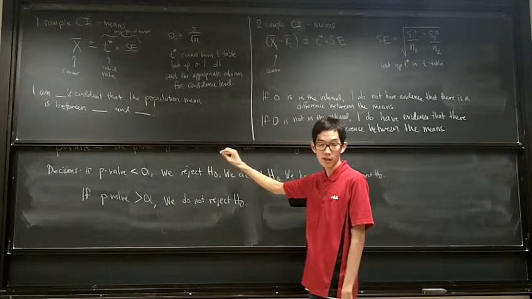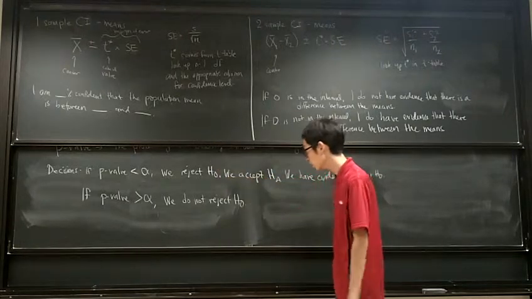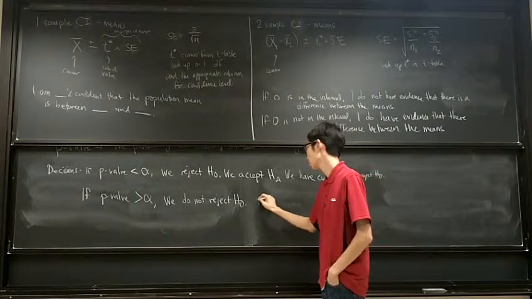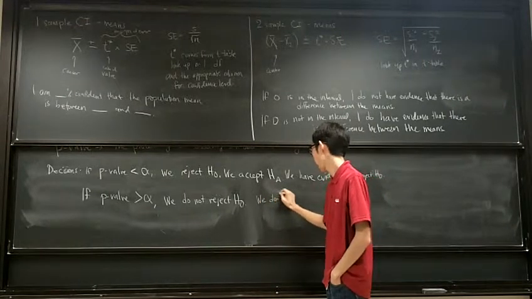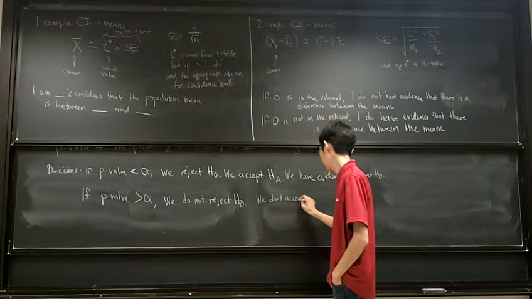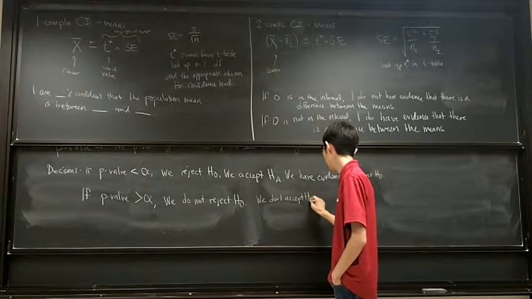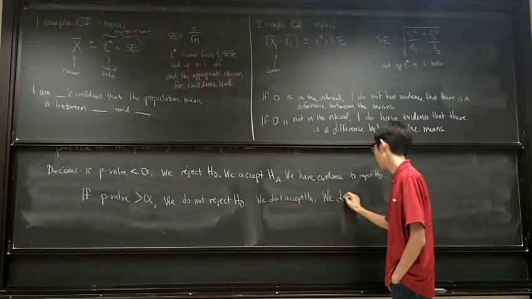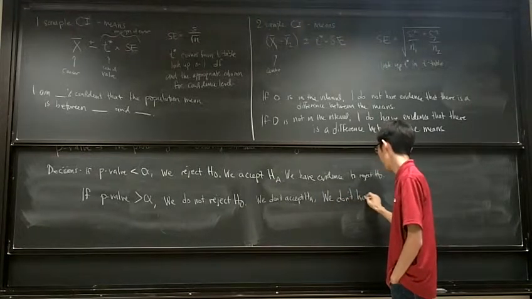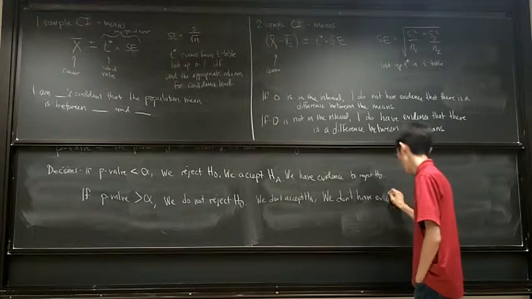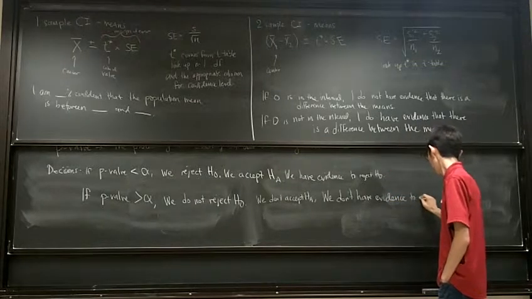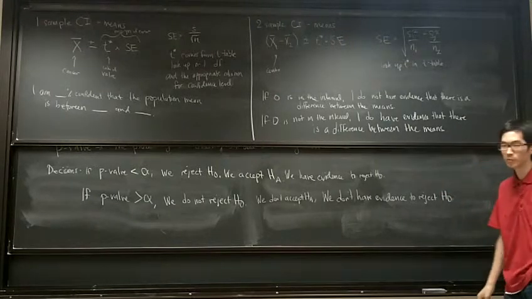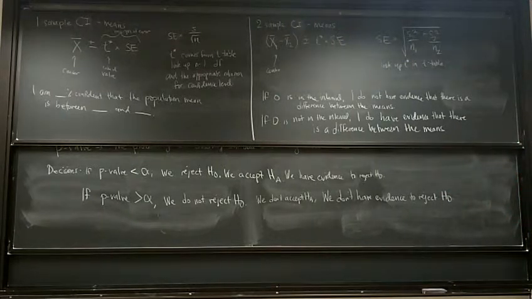For the null, it's either I reject it or I don't reject it. So we don't reject the null. We don't accept the alternative just yet. We don't have evidence to reject the null hypothesis.